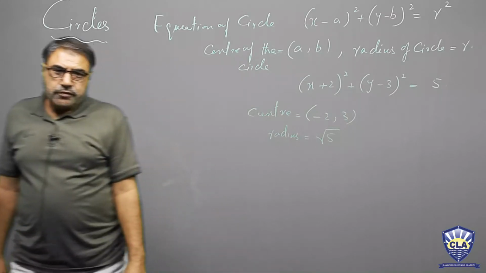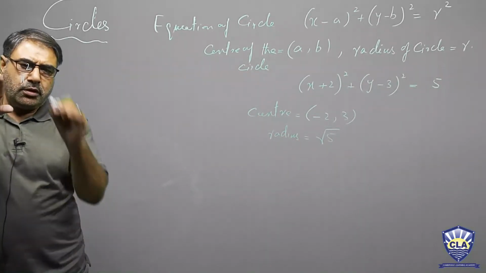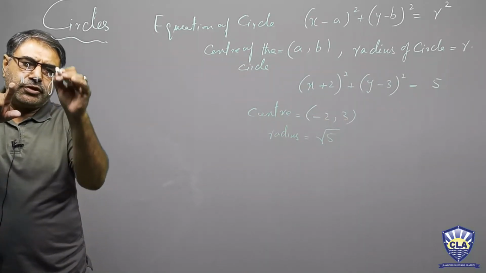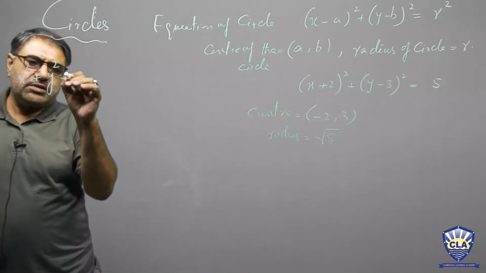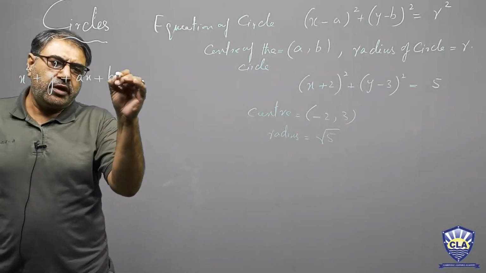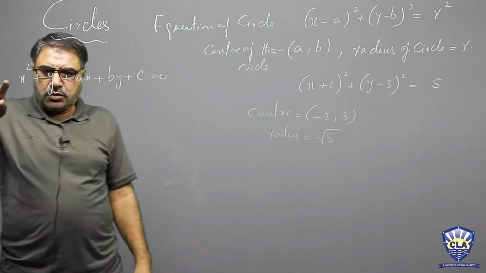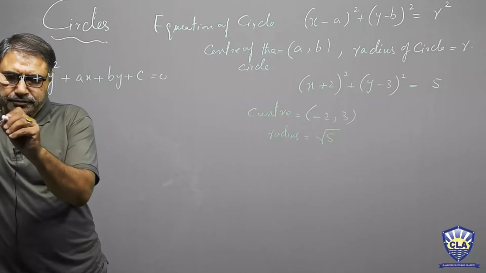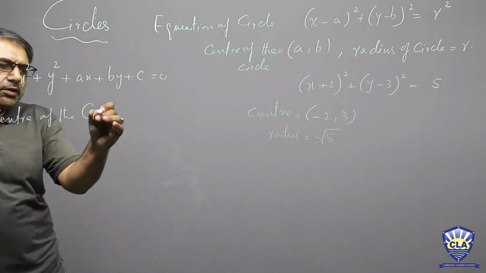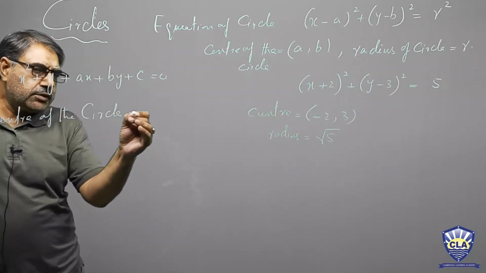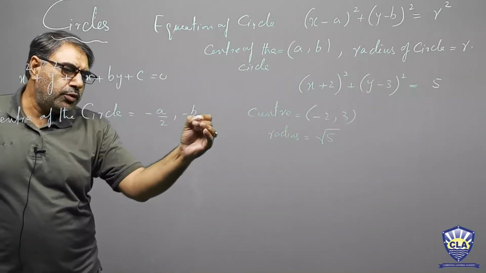If the equation of circle is given in this form, x square, coefficient of x square is 1 and positive, coefficient of y square is again 1 and positive, plus ax plus by plus c equals to 0, then center of the circle is minus a over 2 and minus b over 2.